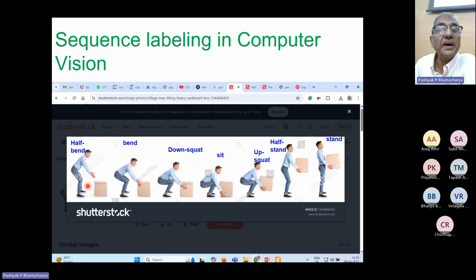This kind of sequence of postures labeling and detecting is extremely important. For example, in airport surveillance, there are CCTVs everywhere, continuously watching the movement of people. If there is any suspicious activity, a red flag will be raised, and the airport security system will be alerted.